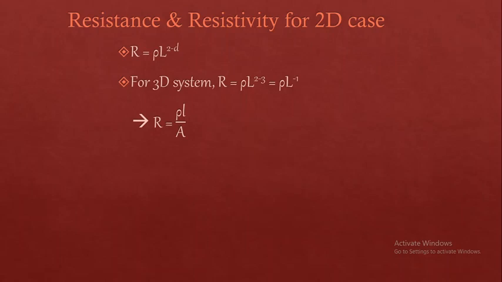No. It is only applicable for a 3D system. If you put the dimension of length as well as area, L is length, so the dimension is L, but area will have the dimension of L square. So one L is going to cancel out, and finally we get rho L raised to minus 1. That's why for a three-dimensional system we can say R equals rho L by A.